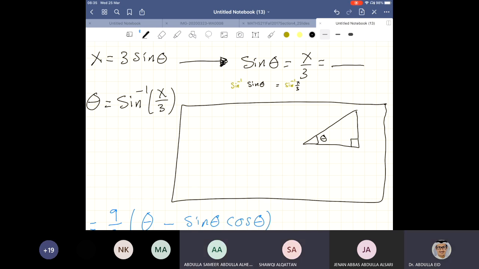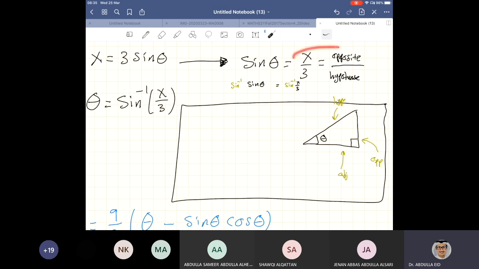The opposite, which we call the opposite, over the hypotenuse. So it is this one, which is the opposite, over this one, which is the hypotenuse. Of course, if you wonder what this is, usually we call it the adjacent. So we have opposite, adjacent, and hypotenuse.